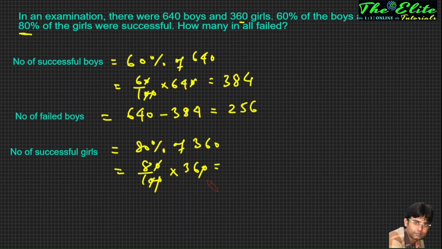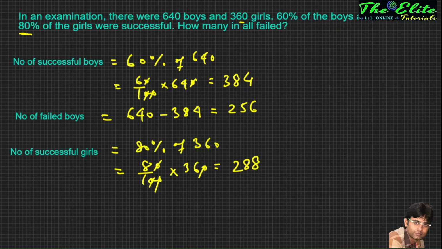On the top, the numbers are 8 and 36. We will multiply these two numbers and get the product. 8 times 6 is 48. You will write 8. 4 is carried over. 8 times 3 is 24, and then that 4 will make it 28. So 288 girls were successful.